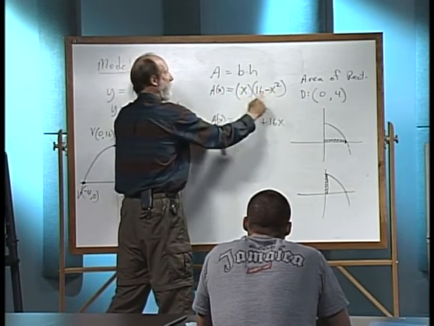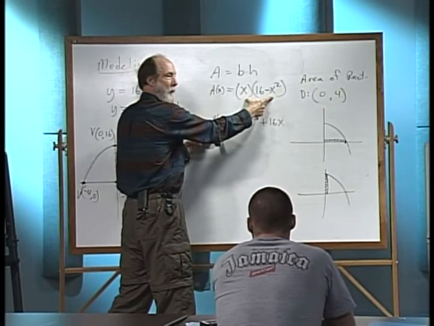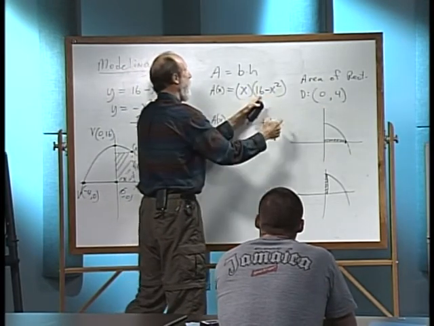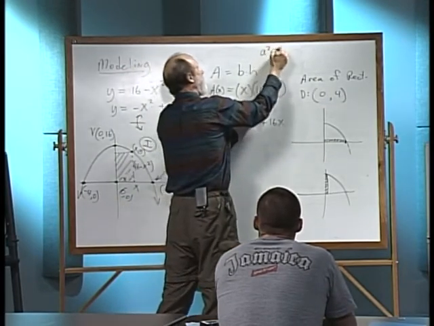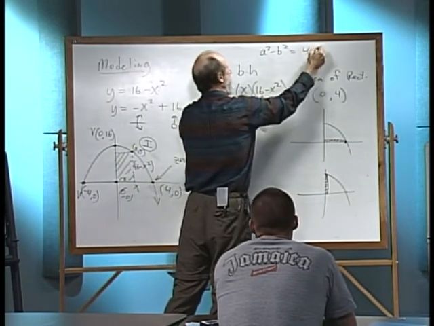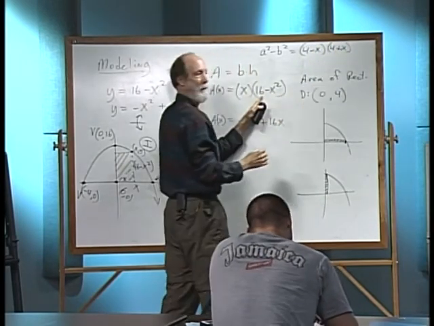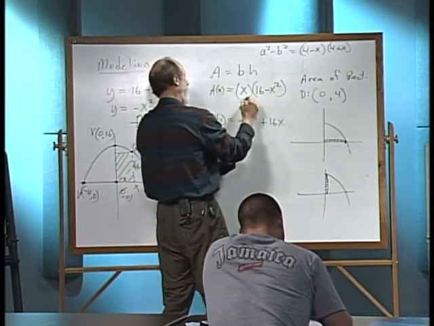Can we factor this thing shown here anymore? That's a difference of squares, a squared minus b squared. We talked about that a while ago. This is a 4 minus x times a 4 plus x, isn't it? Okay, so we could factor this some more.